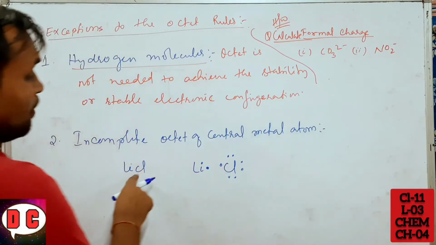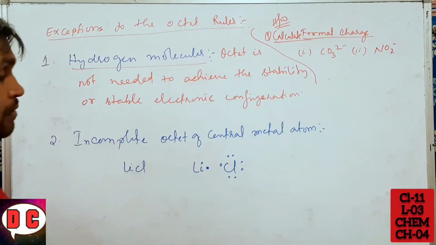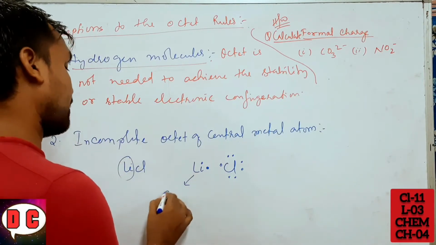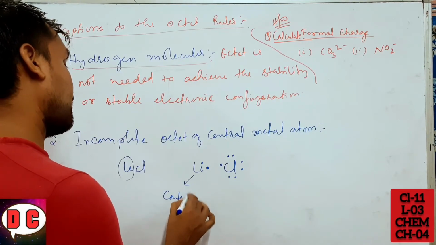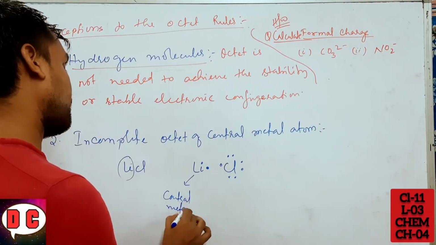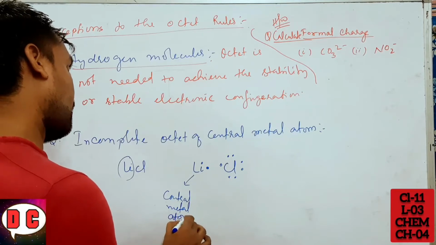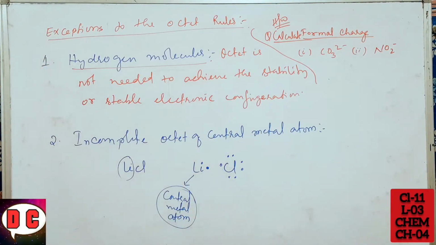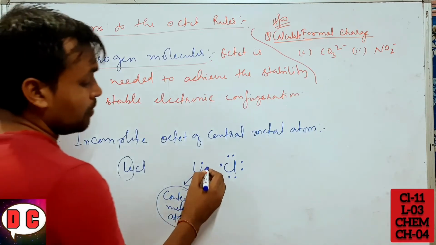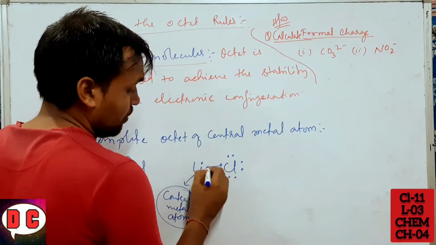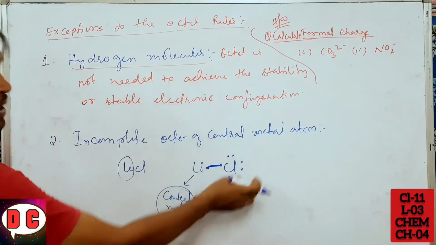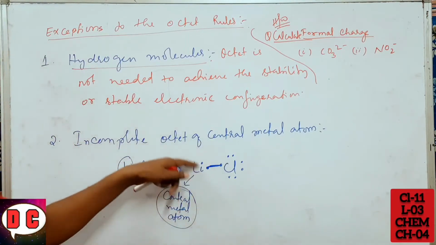Among these two, which one is the least electronegative? Lithium is the least electronegative, so lithium will be the central metal atom. Now they will share electrons and form a bond. In this case you can see only chlorine is attaining the octet, whereas lithium is not.